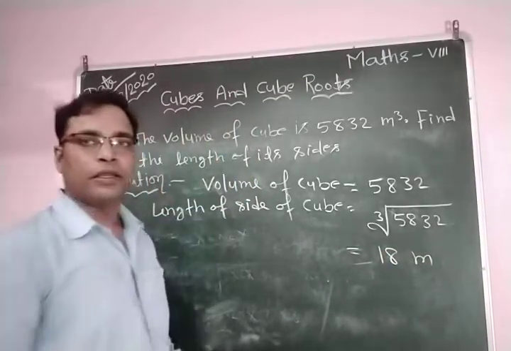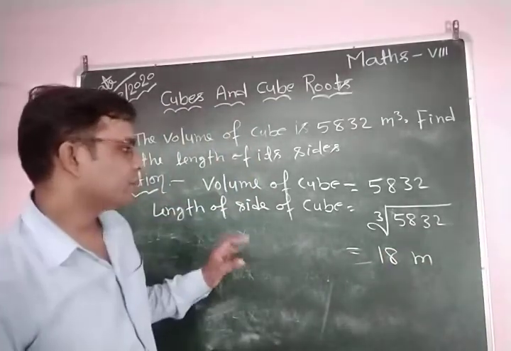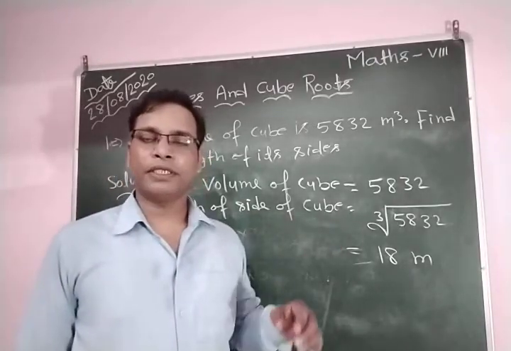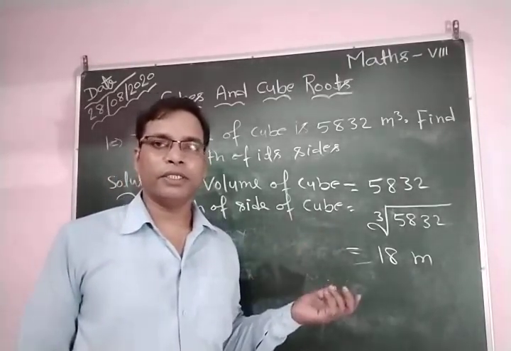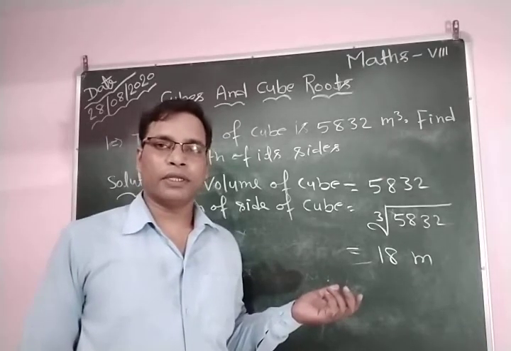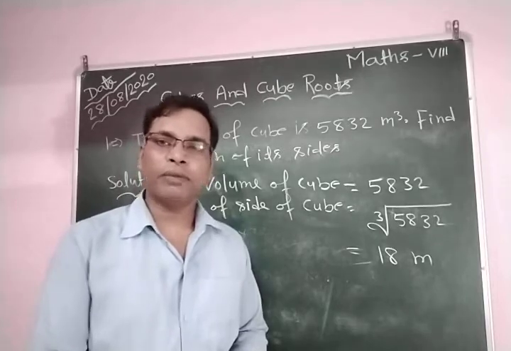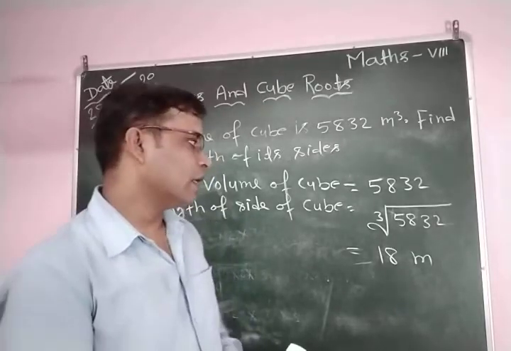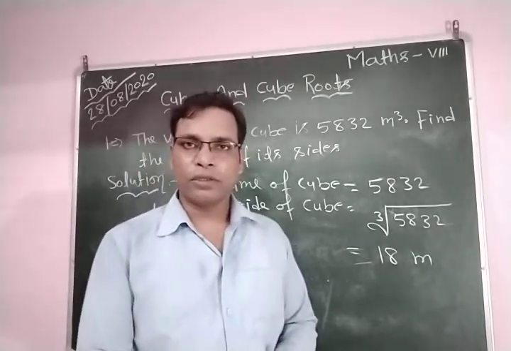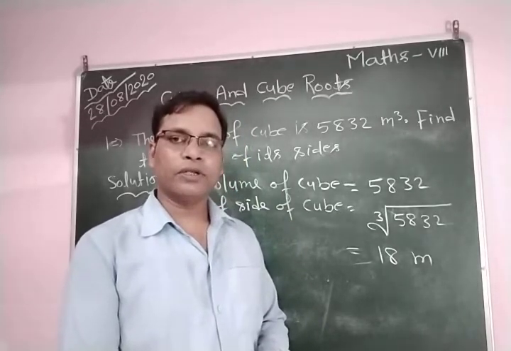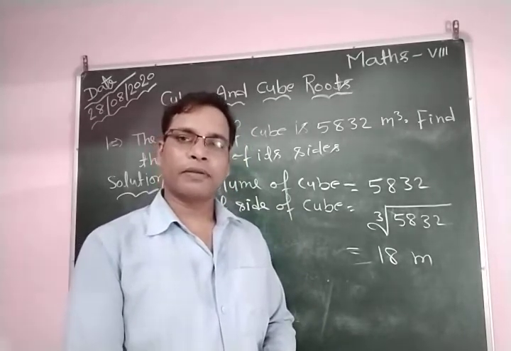meters. So students, I hope all of you understood how to find the sides of a cube if its volume is given, because you know the volume of a cube is side into side into side, it means the cube of the side. And if volume is given, you find the length of side, which is equal to cube root of volume.